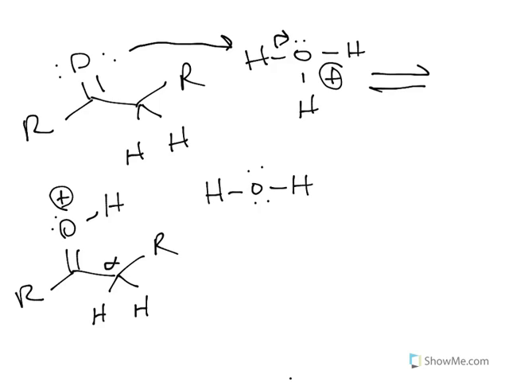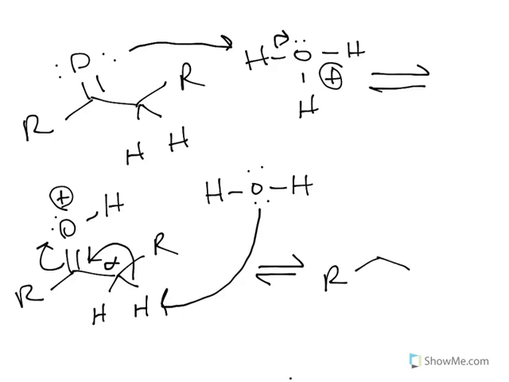The reason why is that we can delocalize the electrons onto oxygen to mitigate that positive charge. So what this does is effectively give us a tautomer of the original ketone.